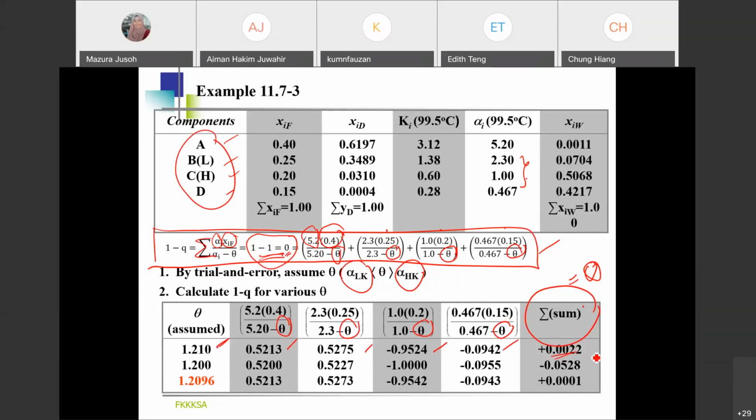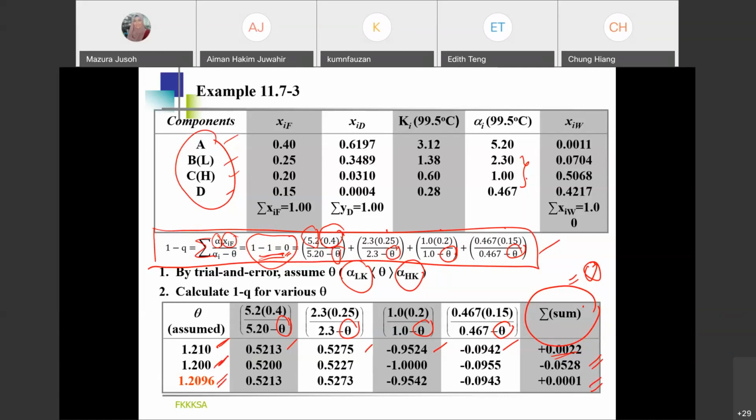The first assumption is 1.21, and then it goes down a bit to 1.20. When you go down a bit, you get a value much lower than 0, so you go up a bit to get a value closer to 0.